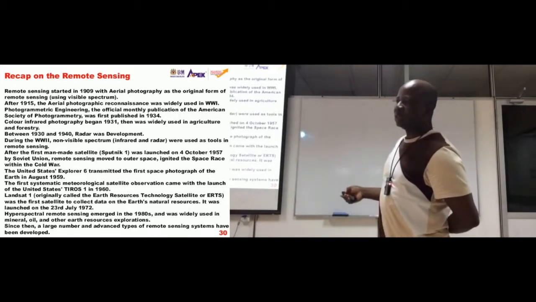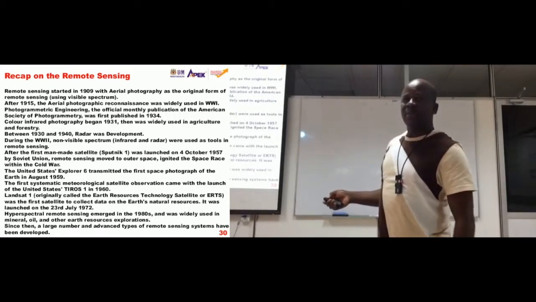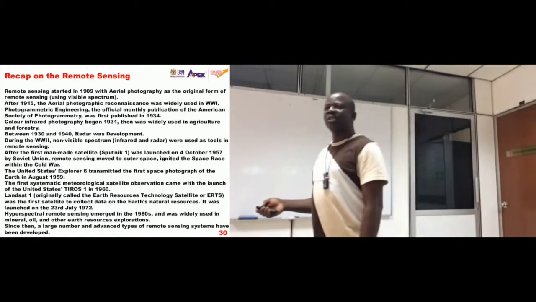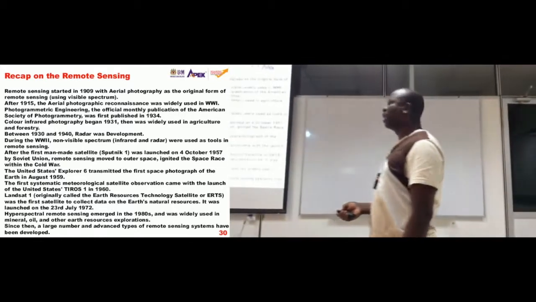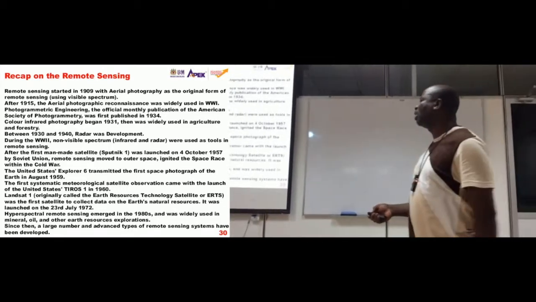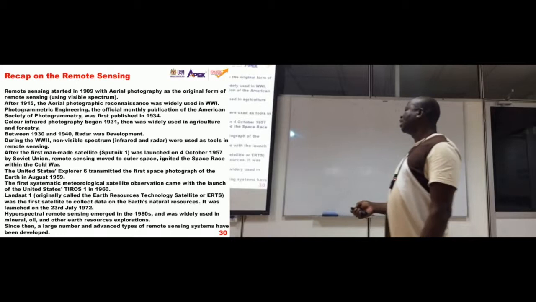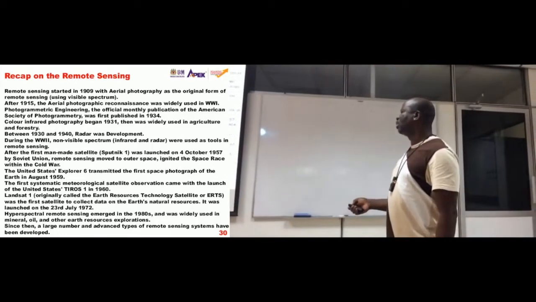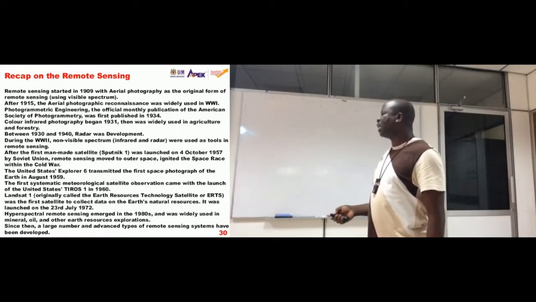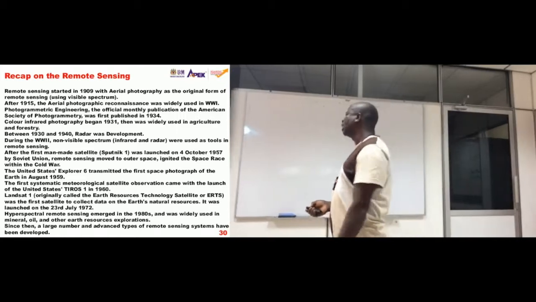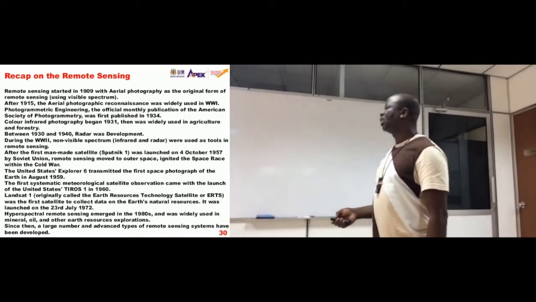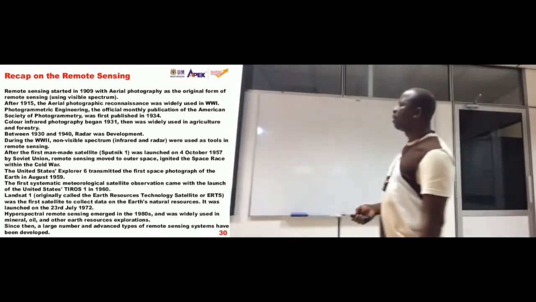For those of you who may have used remote sensing data before, you have Landsat 1, Landsat 2, and so on, up to Landsat 7. Landsat 1, originally called the Earth Resources Technology Satellite, or ERTS, was the first satellite to collect data on the Earth's natural resources, and it was launched on the 23rd of July 1972.